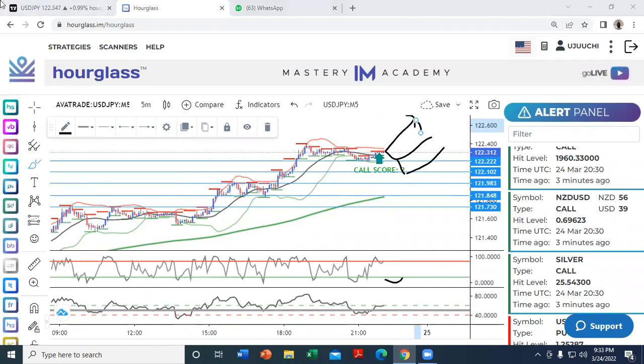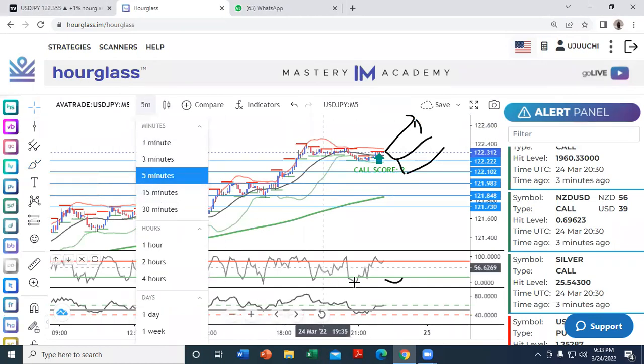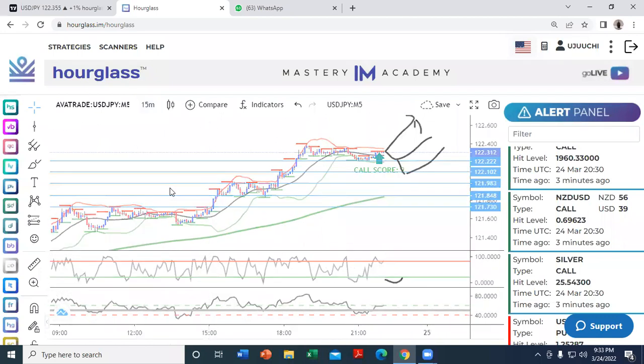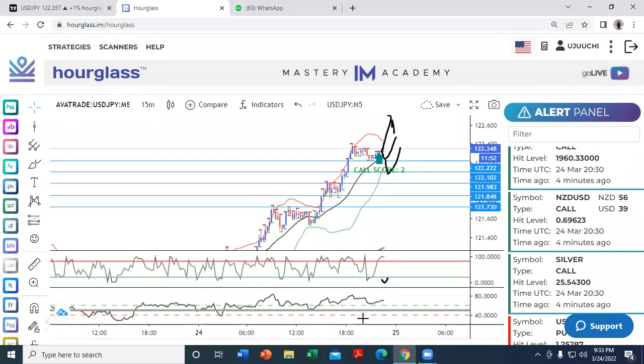Now, that's another thing I wanted to say. Sometimes before I take a trade, I like to check if my RSI also aligns on the 15 minutes.